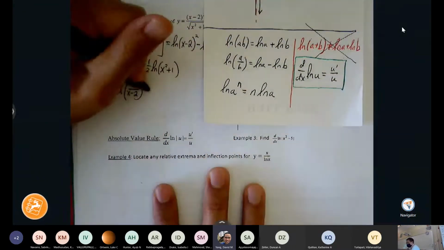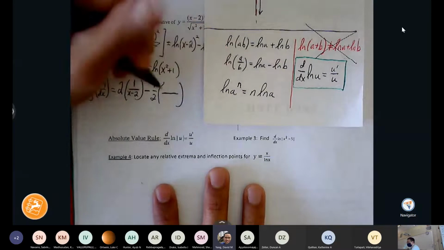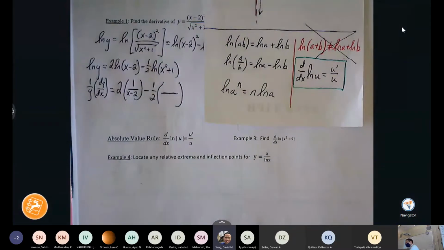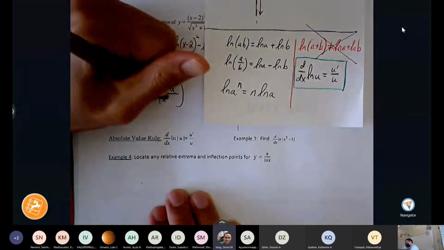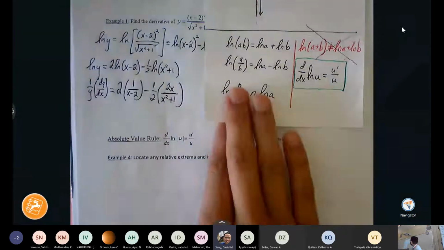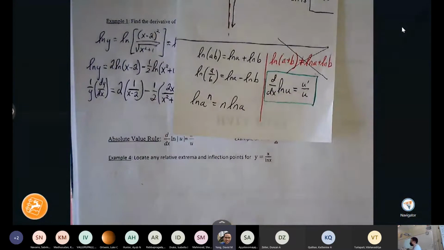One half coefficient stays. U prime over u for my second natural log is 2x over x squared plus 1. Again, notice that when you find the derivative of natural log, there's no more natural log notation in our derivative. It's just u prime over u. It's not natural log of u prime over u.